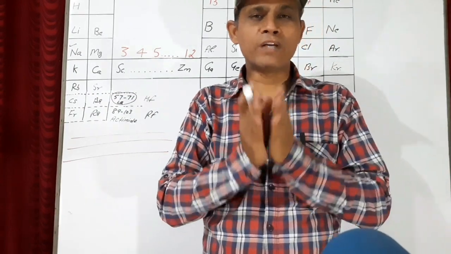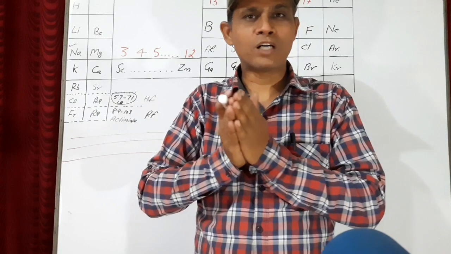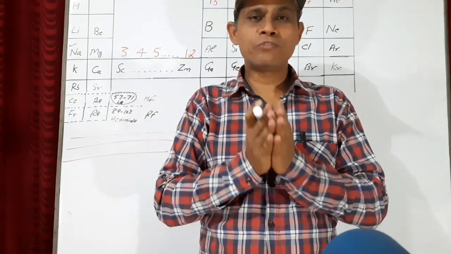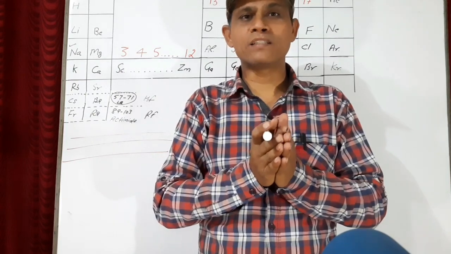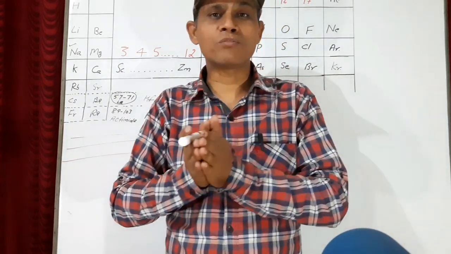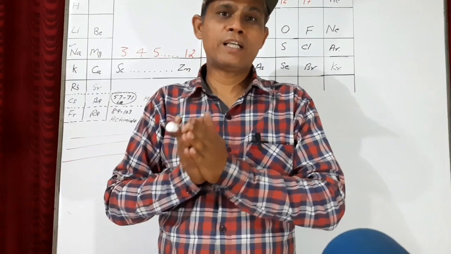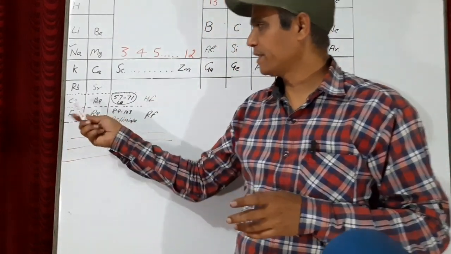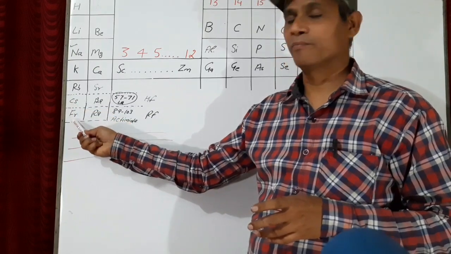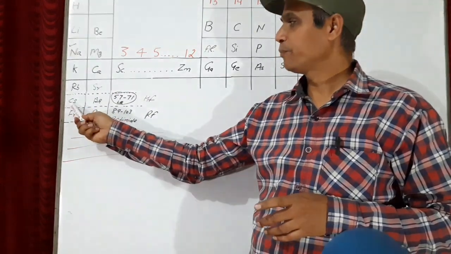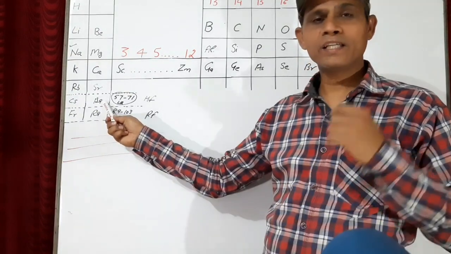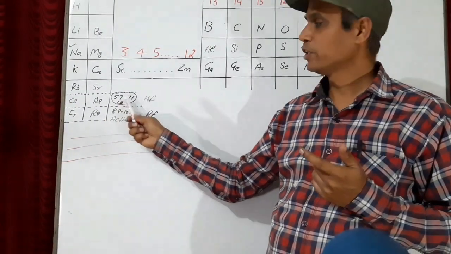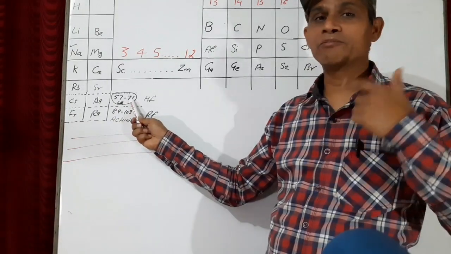One more and very important thing which you should always remember: there are some elements which are not given a place in the main body of the periodic table, and these elements are there in period number 6 and period number 7. First of all, period number 6: there are some elements starting from atomic number 57 to atomic number 71.